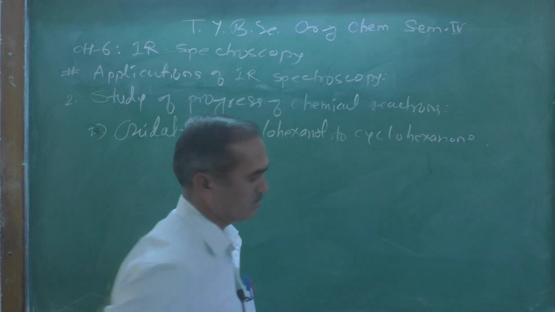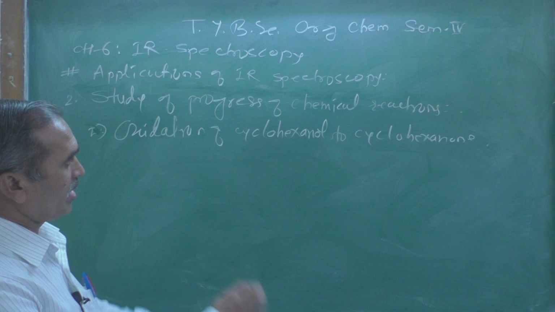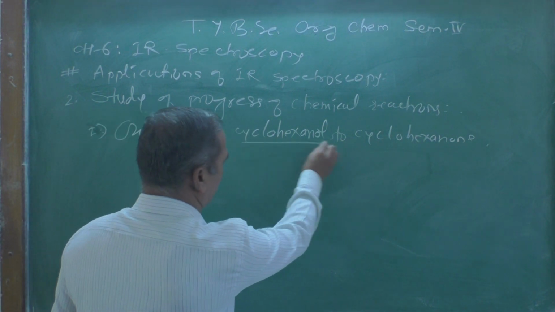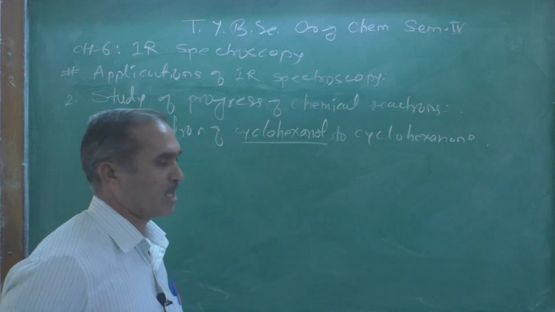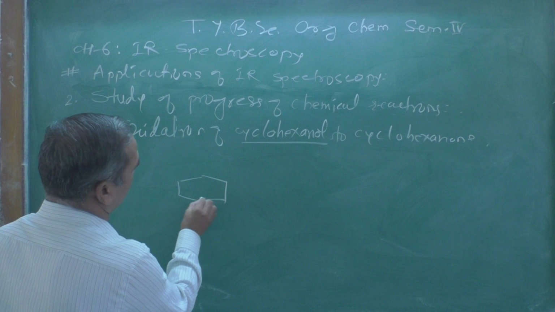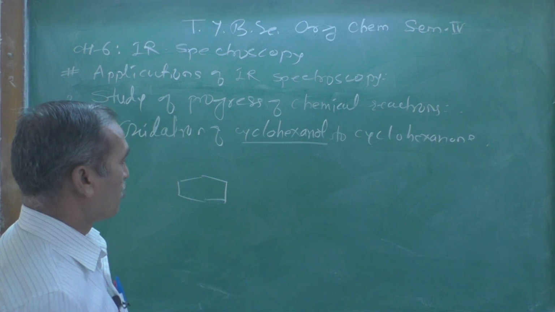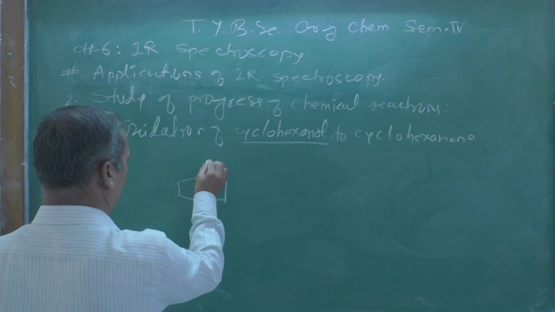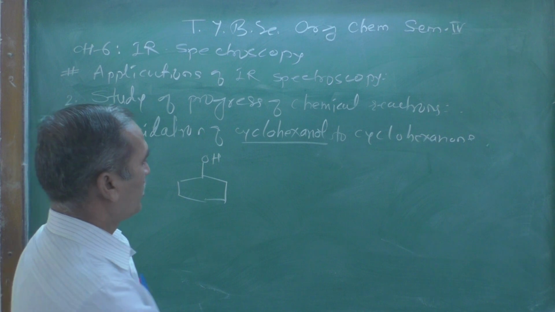This is a reaction which we already know, and for such a reaction you might know the structure of cyclohexanol. Cyclo indicates a cycle, hex indicates a 6-membered ring, and OL indicates that there will be a hydroxyl group. Got it?